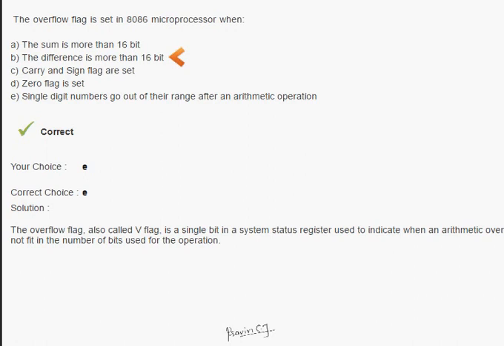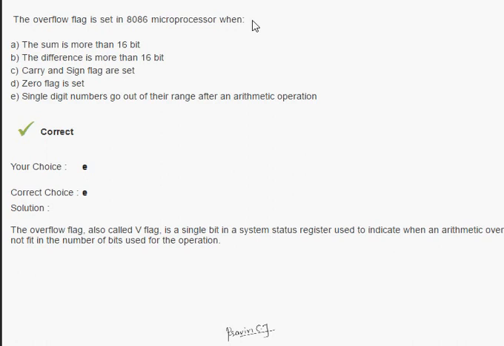The next question is regarding the 8086 microprocessor. This type of question is asked many times in the exam, so they are most important for us. The overflow flag is set in the 8086 microprocessor when a condition, option A, the sum is more than 16 bits, the difference is more than 16 bits, carry and sign flag are set, zero flag is set, and a single digit number goes out of its range after the arithmetic operation.